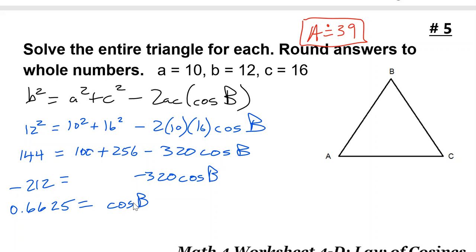And when I say second cosine, second answer, at 48.509, that's going to cause me to round up. That's going to call it 49.